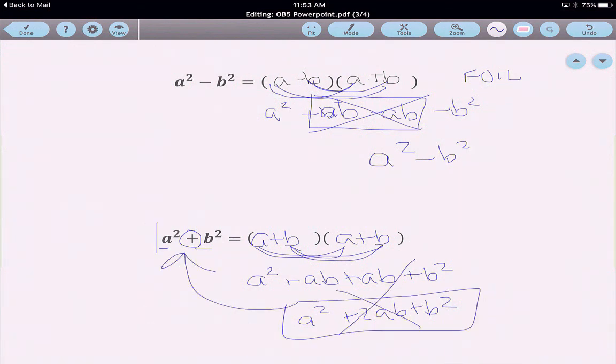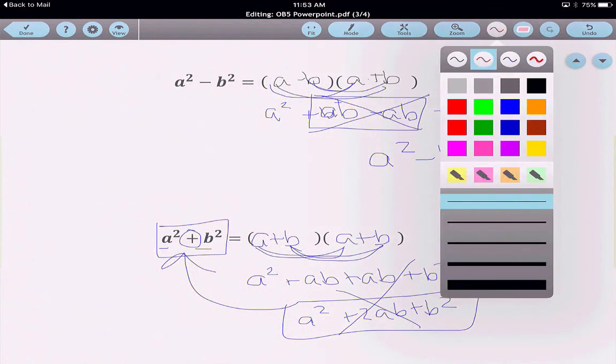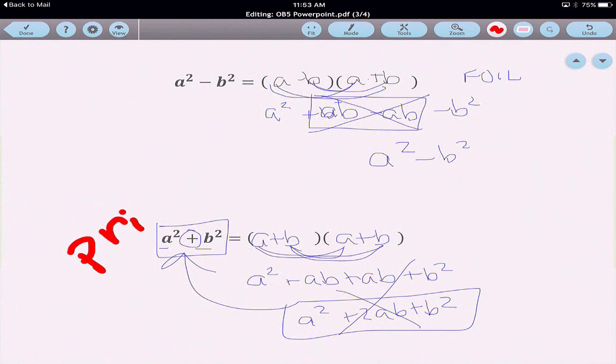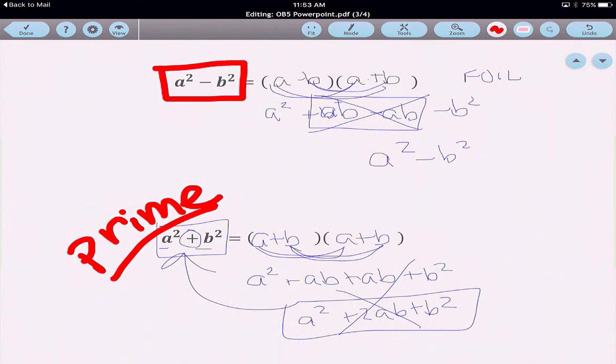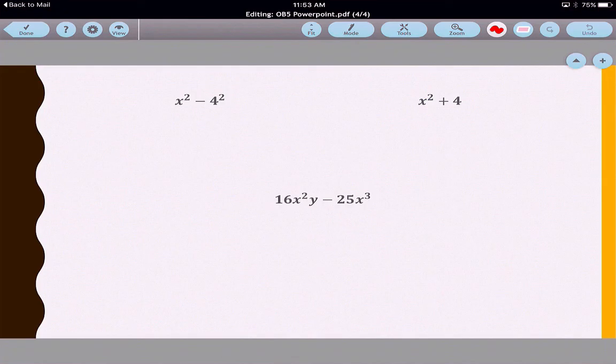So anything in this form is actually our favorite prime. All right, so make sure that when you're working through these, you're only doing the difference of 2 squares. If you have 2 perfect square polynomials separated by nothing but a positive sign, you're going to want to say that it's prime.